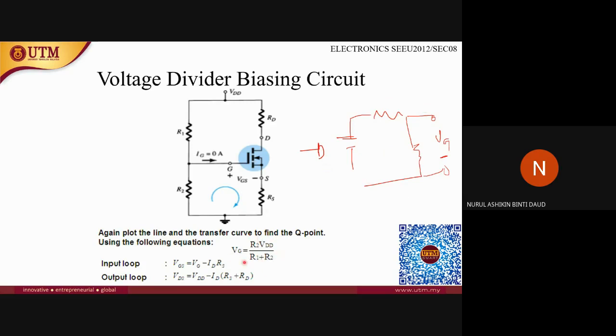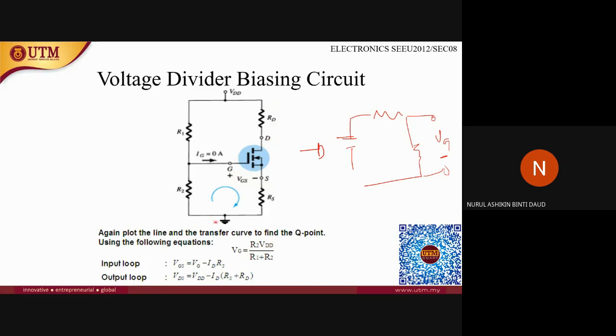Next, the input loop. The input loop is VGS here, equal to VG minus ID RS. ID RS is positive, this is minus.